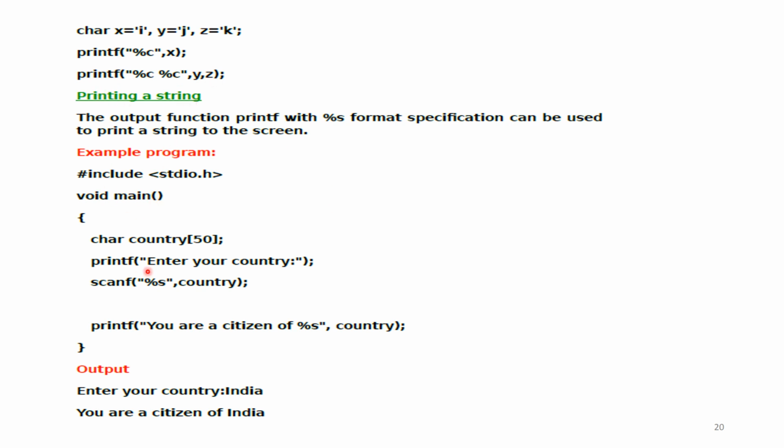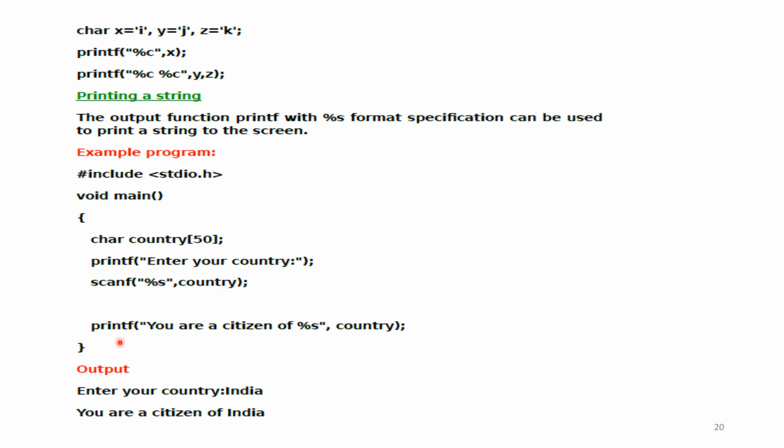And there is another example program which will read a country name and print that country name and the statement inside the printf function to the output screen. Here you can see that country is a character array, and inside the scanf function both the format specifier and the variable name are mentioned.